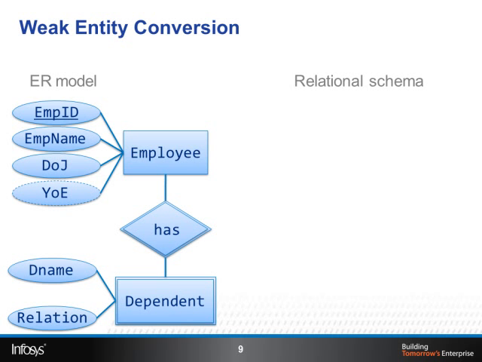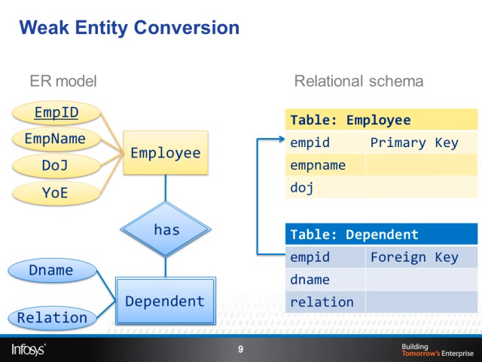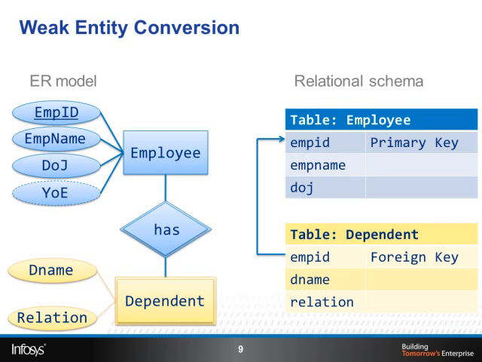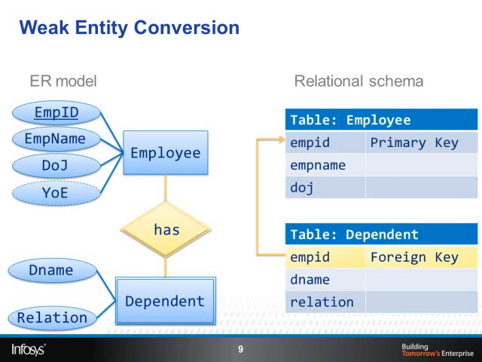As we have seen before, the entity employee will be modeled as a table with 3 columns in this relational model. The weak entity dependent is modeled in the same way to have 2 columns, dependent name and relation. Finally, a new column, employee ID, is added to the dependent table that references the employee table.